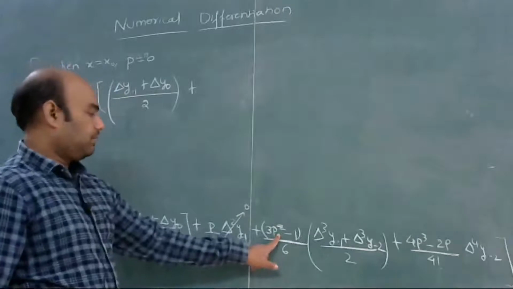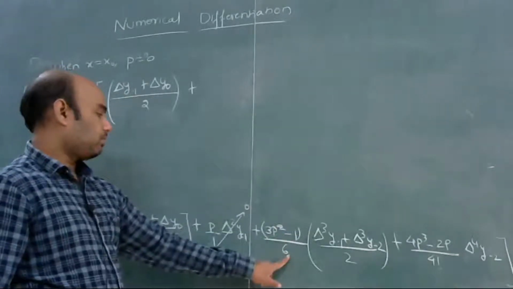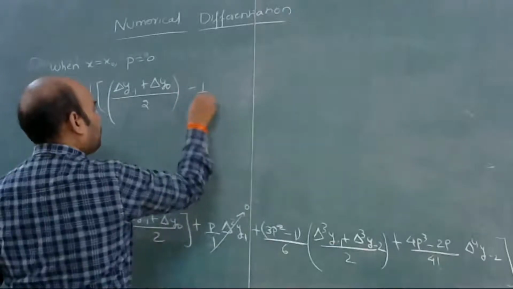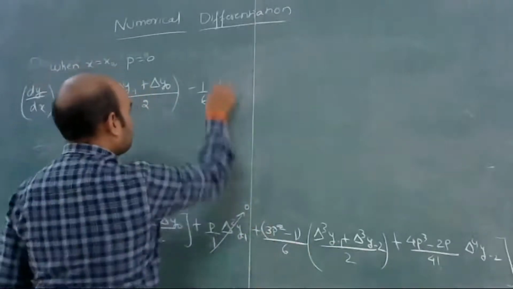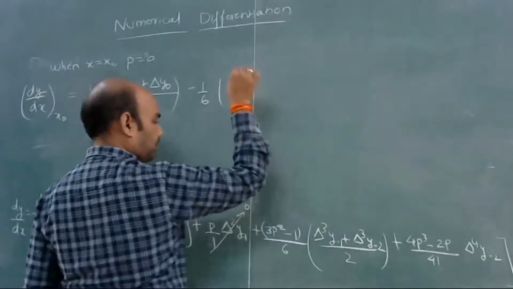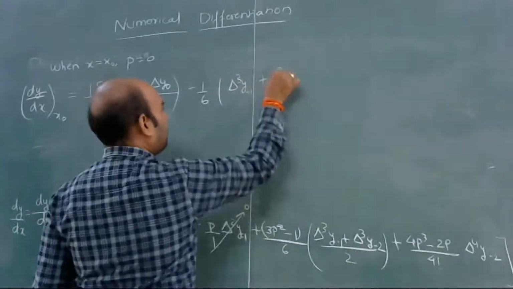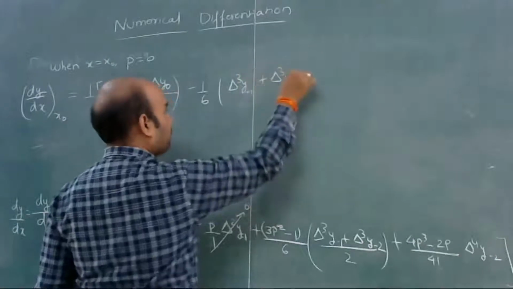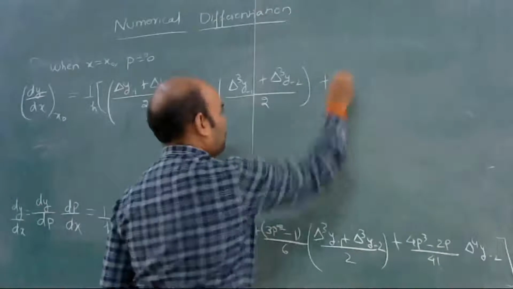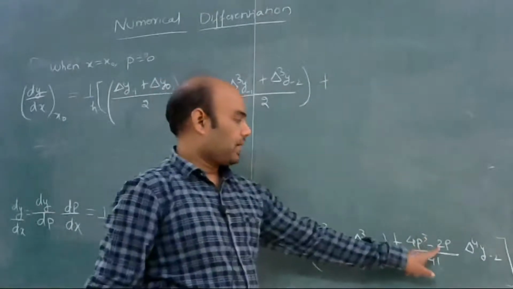Here this term will become 0 and this will be minus 1/6, and this (Δ³y₋₁ + Δ³y₋₂) divided by 2, plus again the terms with p and 2p.